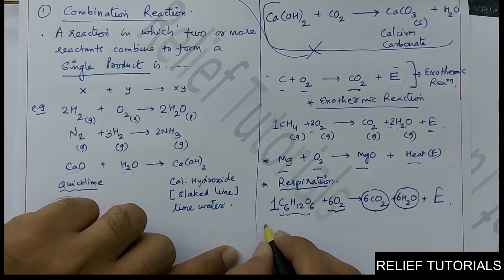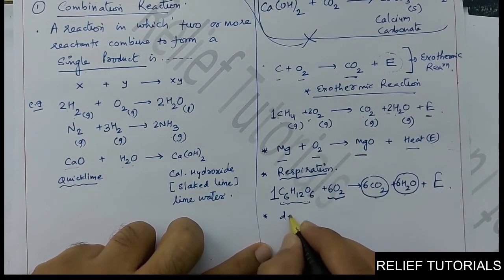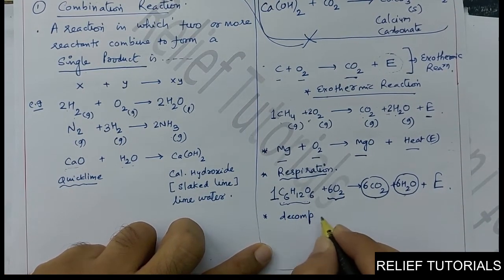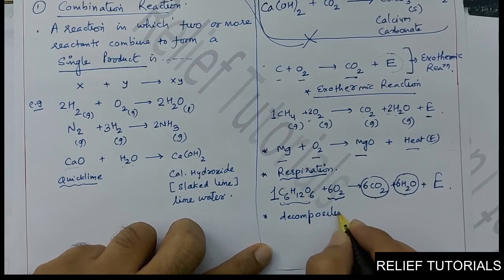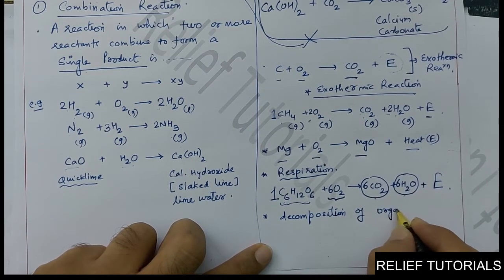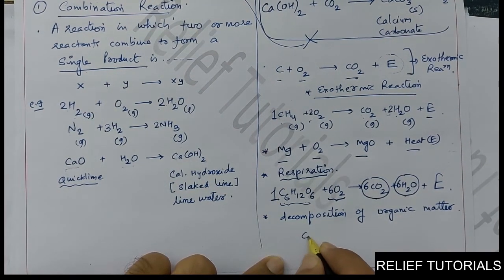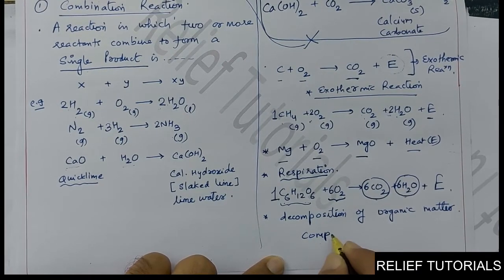One more example of an exothermic reaction is the decomposition of organic matter. Just like vegetables and fruits are decomposed and they form compost. After the decomposition, they form what?